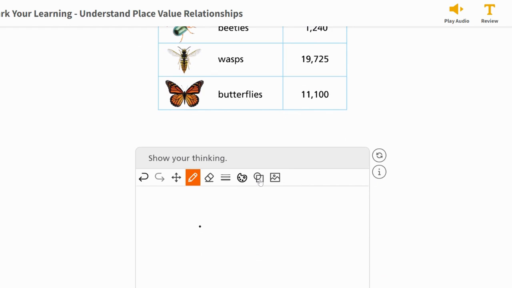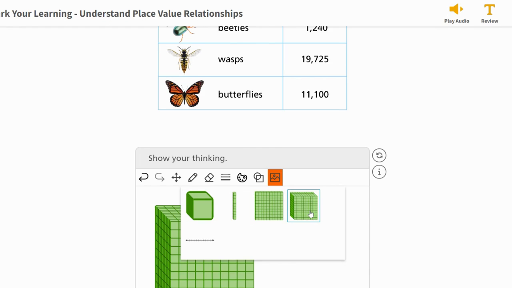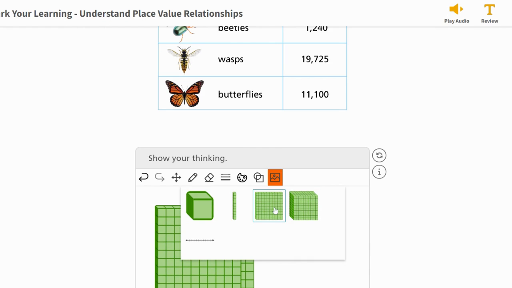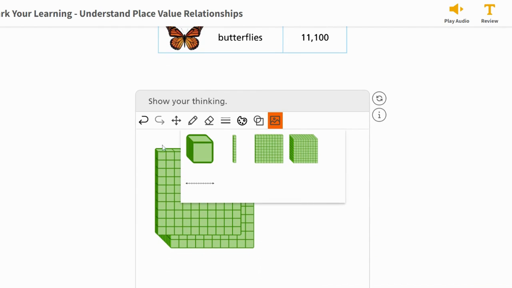1,240 beetles. What I can do, if I click on this, is ones, tens, hundreds, and thousands. So we have 1,000, we have 200, and then we have 40. So we need 4 tens. 1, 2, 3, 4. Okay, let's check what we did. Make sure that everything's on here.